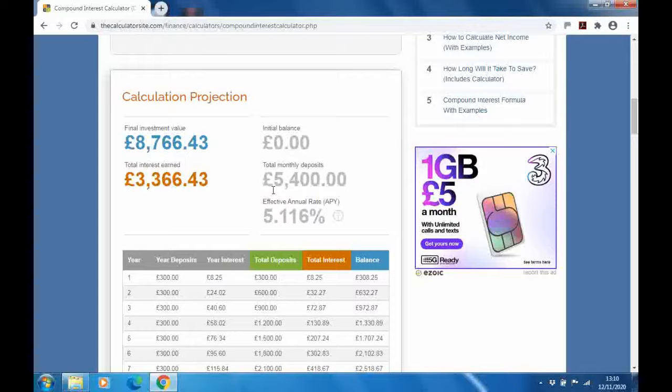With just £25 a month, it would only cost you £5,400 in 18 years, and they could possibly walk out with £8,766, and £3,366 worth of interest.